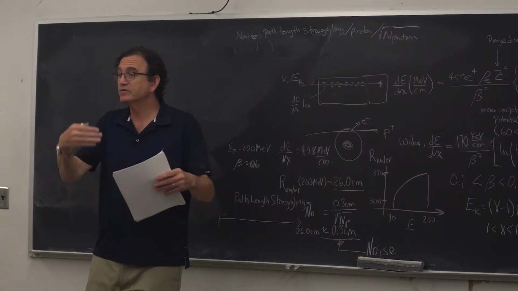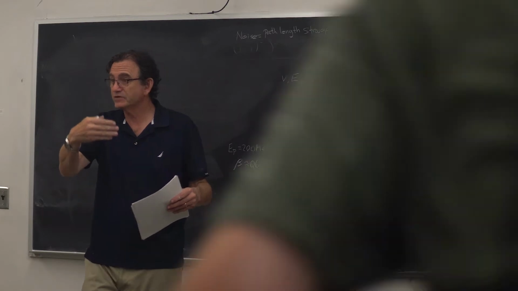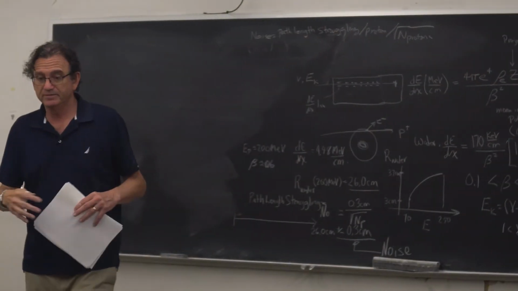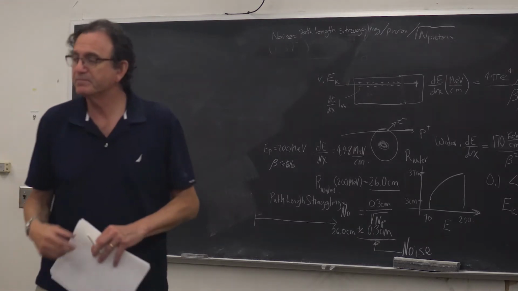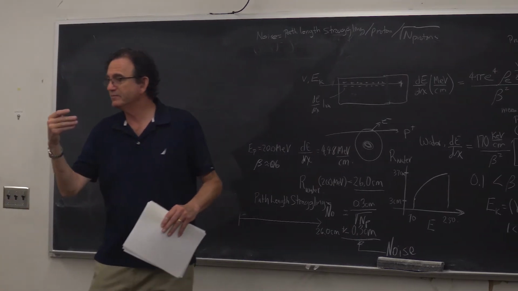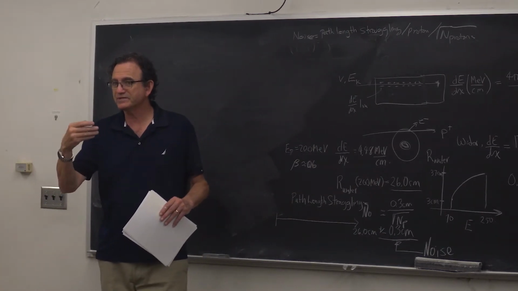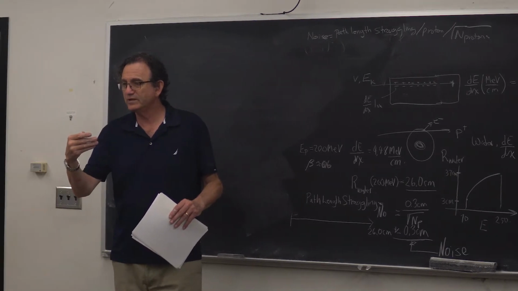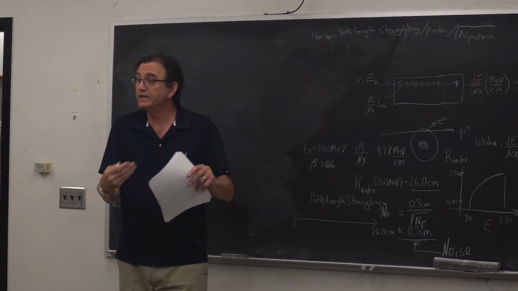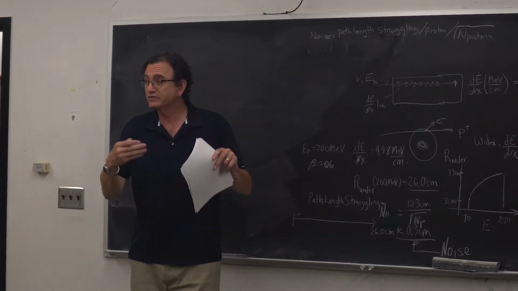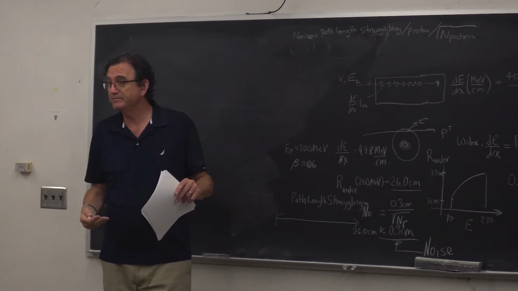So, by measuring the energy of the protons on the exit side, here you go, extra handout for you. By measuring the energy of the protons on the exit side, then you can measure a differential in energy, which will be related to variations of density in the body.